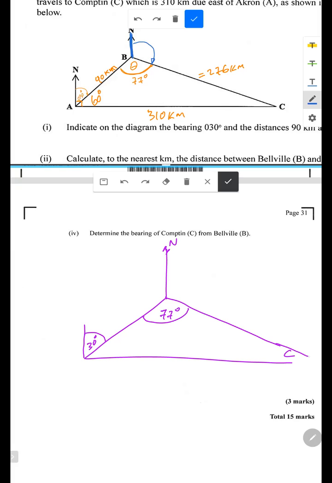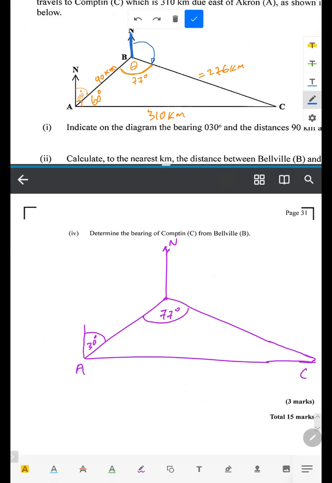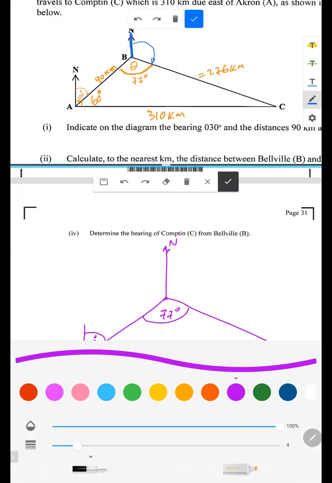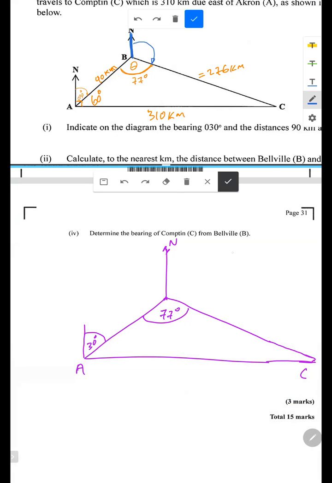I'm trying to show you how you can reason it out. The bearing that I want is of C from B, so A is the point we don't want. Let's use a different color for the bearing down here as well, so I can show it. The bearing that I want is this angle right here.